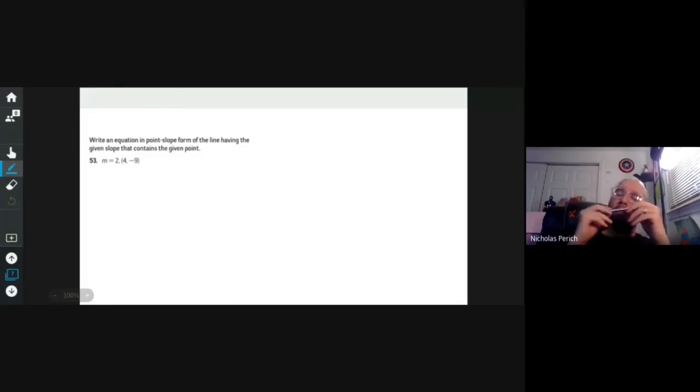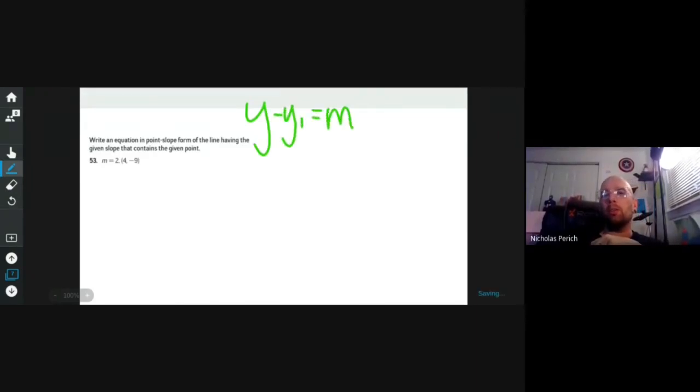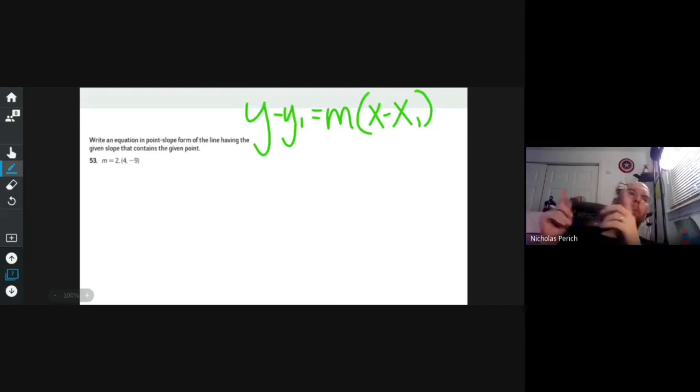So basically at this point, I feel that if I were to remind you what this is, you should be able to take that information and type out your slope. Don't forget, if there's a double negative, when I say slope, I'm sorry, you should be able to type in the entire thing. You should be able to say y minus or y plus whatever it is equals blah, parentheses, blah, blah, blah, whatever it is.